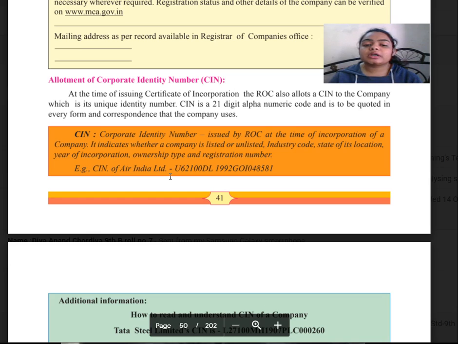It indicates whether a company is listed or unlisted, industry code, state of its location, year of incorporation, ownership type, and registration number. So it is very important to have a Corporate Identity Number, which the ROC allots, and it is a unique 21-digit alphanumeric code quoted in every form and correspondence the company uses.